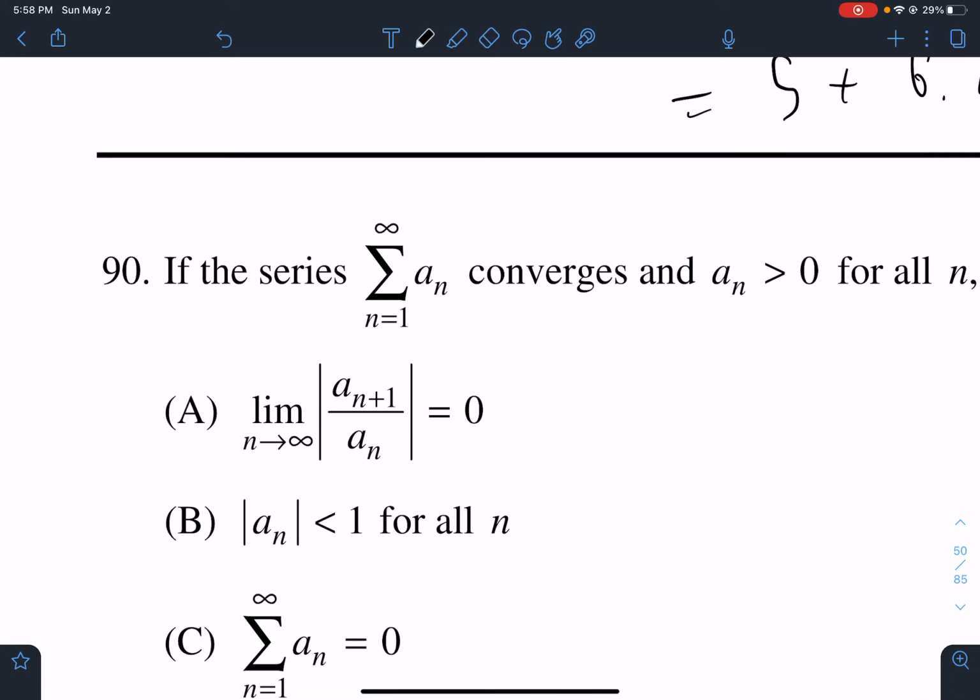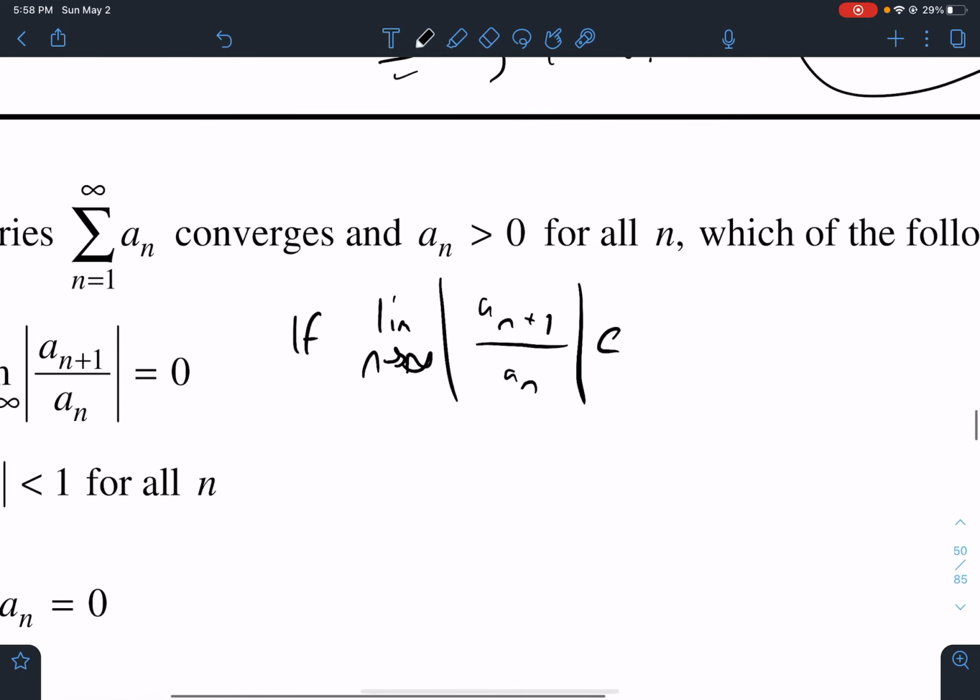Basically, the ratio test says if the limit as n goes to infinity of a of n plus 1 over a of n is less than 1, the series converges.